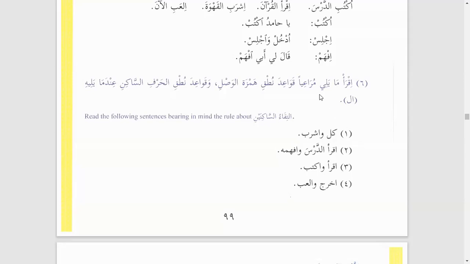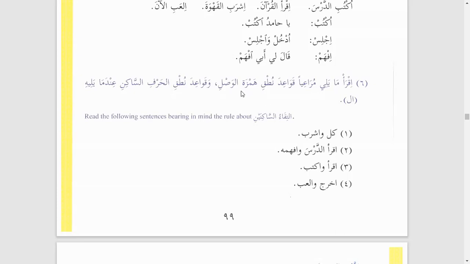Okay, iqra ma yali. Yali is also mudari, and we will talk about this one. So read what follows. Murayan is hal, taking care of. Qawaida, the rules. Nutq, from nataqa yantiqu, as in wama yantiqu anil hawa. Nutq is the masdar.